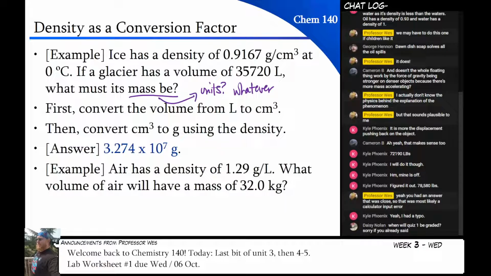Go ahead and try this problem. I'll give you about 5 minutes to play around with the units. Now, notice I asked for a volume. You can give me any volume you want to, but you should probably pick something like liters or milliliters, because those are the common ones. Work smarter, not harder, right?